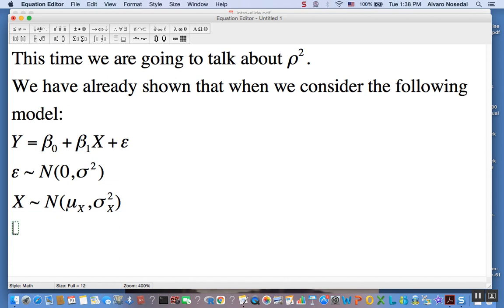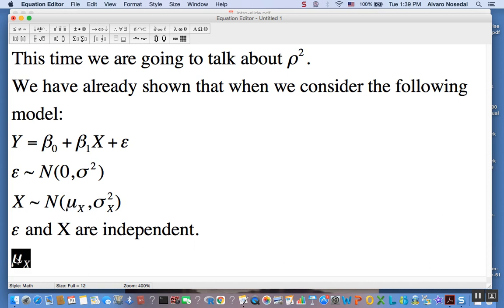Furthermore, we assumed that epsilon and x were independent. So what we showed is we derived the mean of the random variable y.